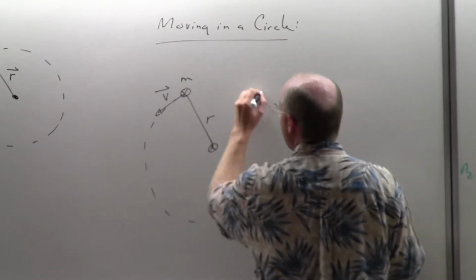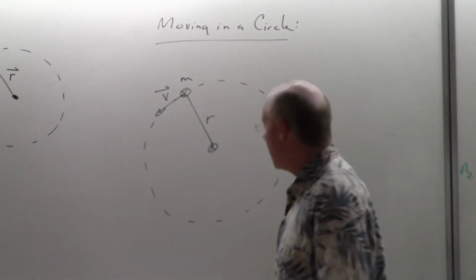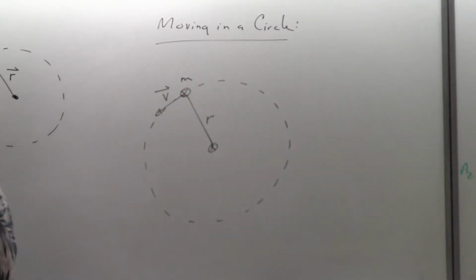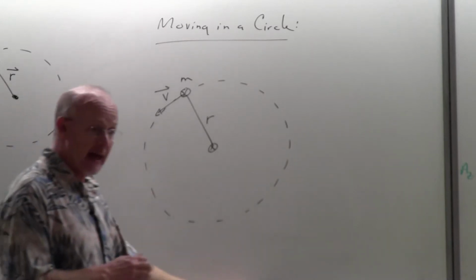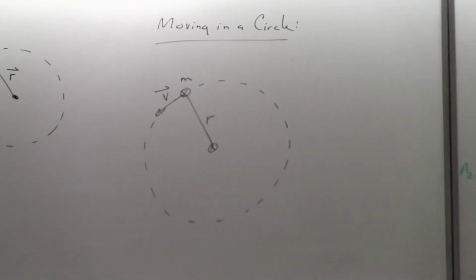If it just goes around in a circle, it always has the same radius, and just for simplicity, let's say it always goes around with the same speed. If I were to ask you to calculate the angular momentum, what would you get?